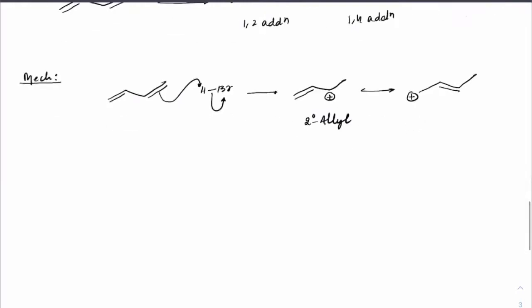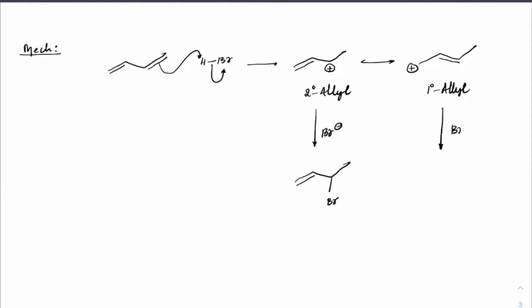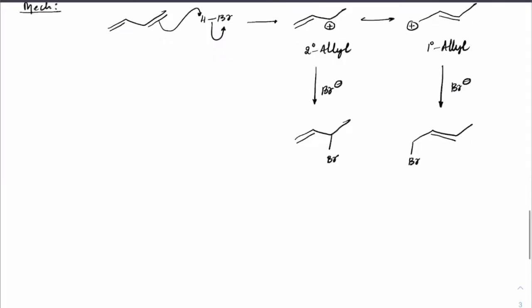So it is a 2 degree allyl, and here it is a 1 degree allyl. Now for these two carbocations, if Br- gets added at the same location in this canonical form, we get Br here. If it gets added here, we get Br here. That's how we get this as 1,2 addition and this as 1,4 addition.